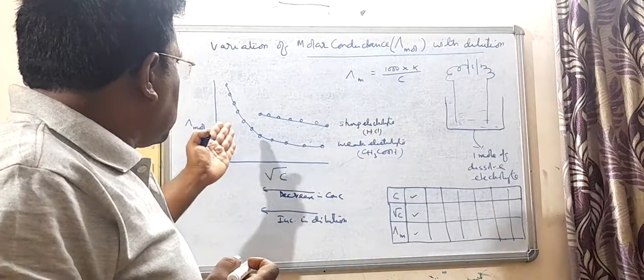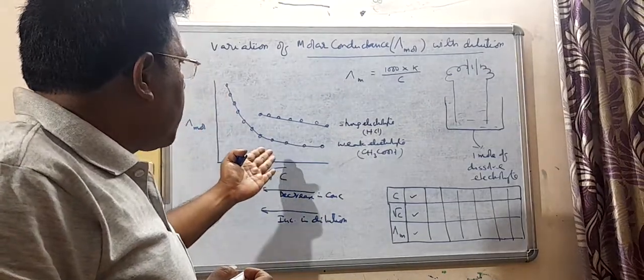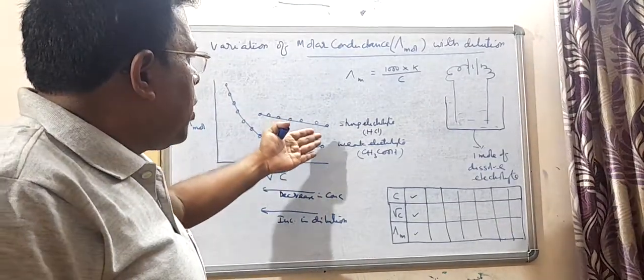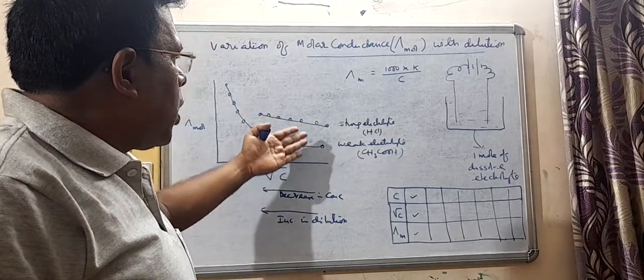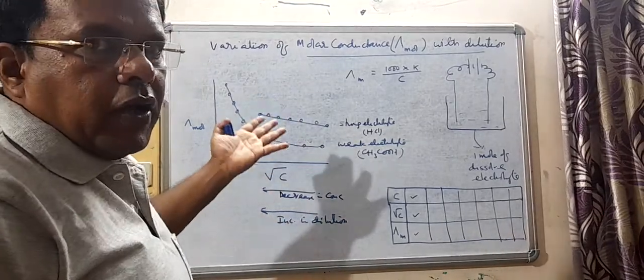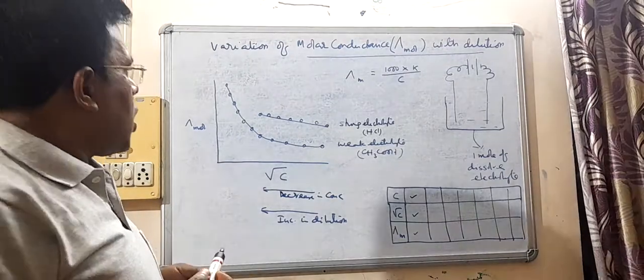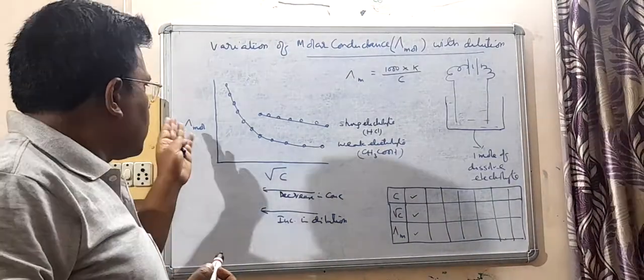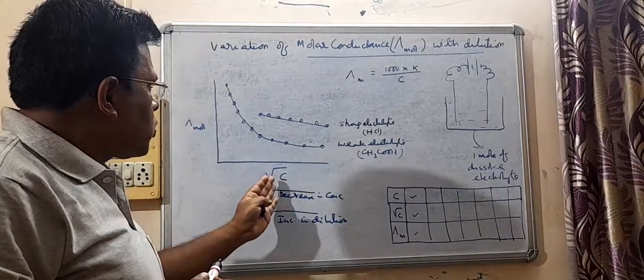Looking into the graph, we see that behavior of strong electrolyte and weak electrolyte is very different. So how does molar conductance vary with square root of concentration?